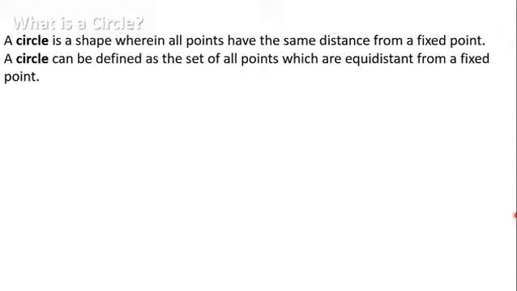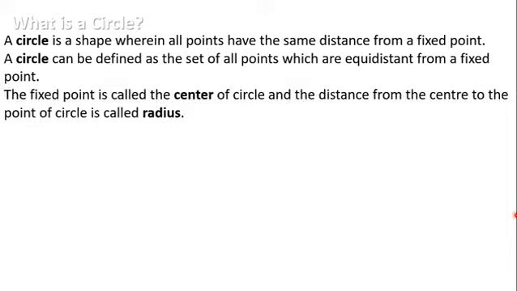Now, that fixed point is what you call the center of the circle. And then the distance from the center of the circle to the points of the circle, which of course would be called the circumference, the distance between that center and that circumference, which is the points that form the circle, is called the radius of the circle.